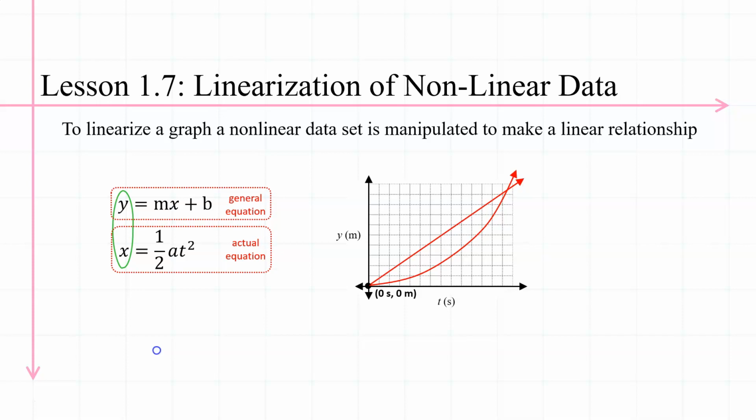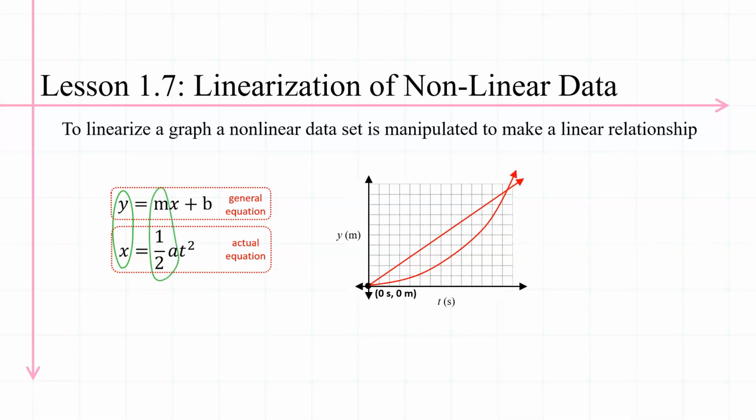I've coordinated that my x value is directly just going to be my y value in the slope-intercept form of the equation. So when I graph a linearized version of x equals 1/2 at squared, I'm going to be using my x position values as the y coordinates in y equals mx plus b.